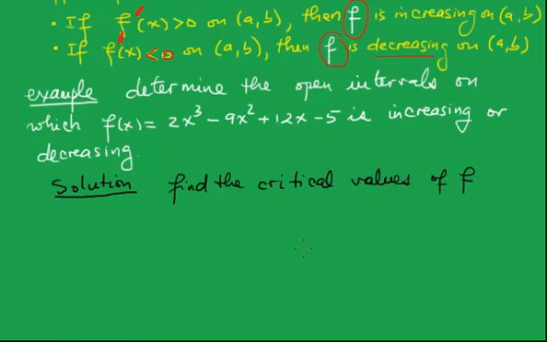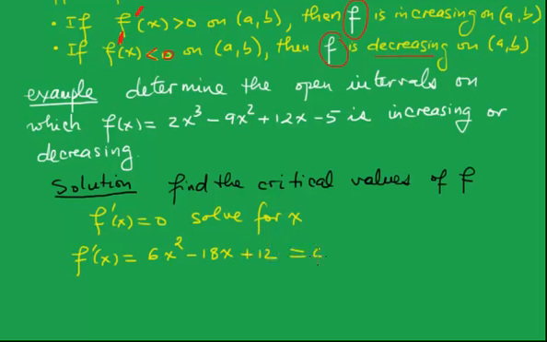If you remember how to find the critical values, you just set the derivative equal to 0 and solve for x. So let's go ahead and compute the derivative of this function. Very simple. f prime of x is equal to 6x squared minus 18x plus 12. We set it equal to 0.